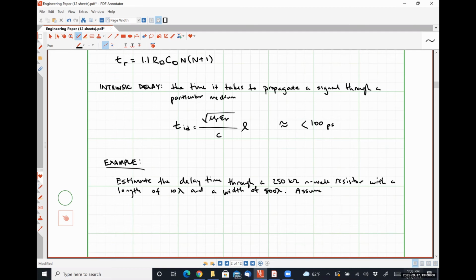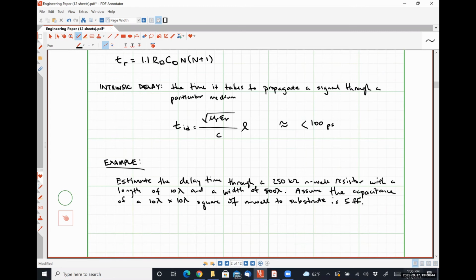Assume the capacitance of a 10 lambda by 10 lambda square of N-well to substrate is 5 femtofarad. Okay, that's all the information we need, sorry.